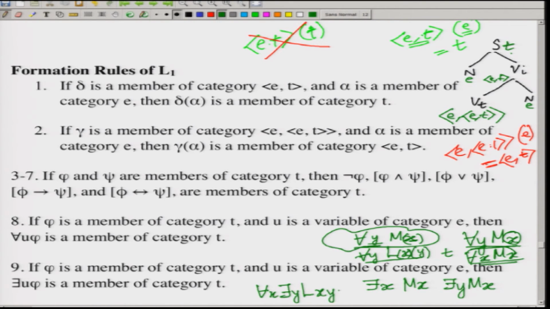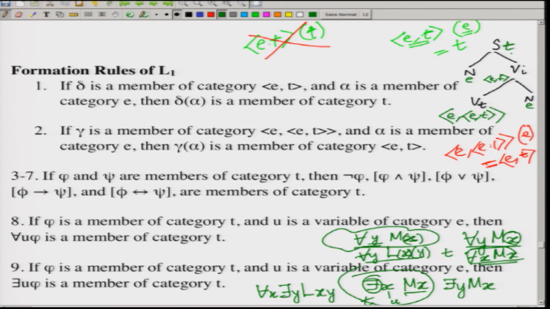All these are formulas in our language, so all these would belong to T. That is what they are saying: Mx belongs to T, x belongs to the variables, and this is a quantifier which is just introduced. If that is the case, then the whole thing will belong to the same type, that is T.